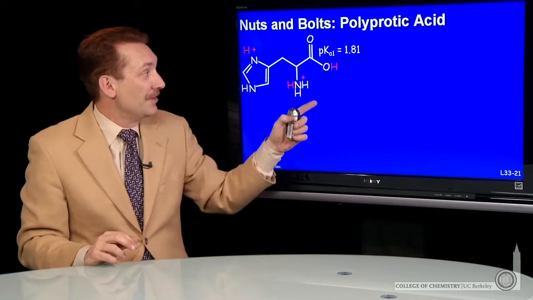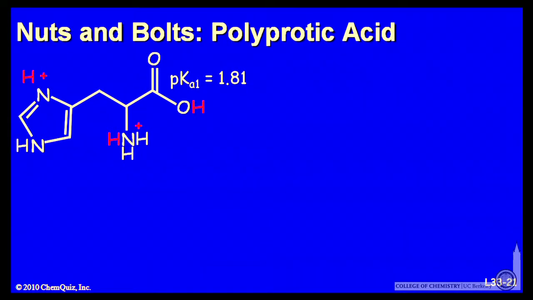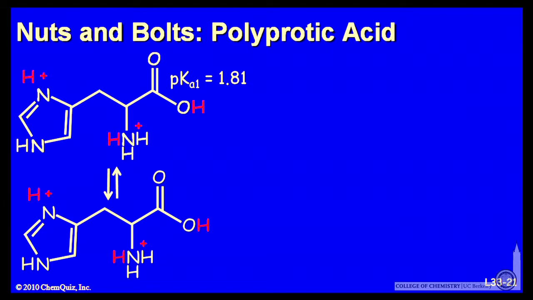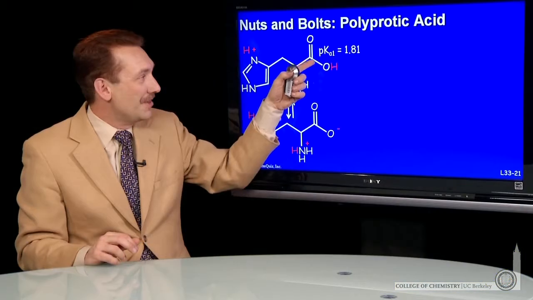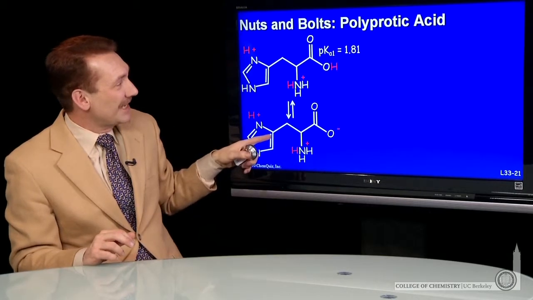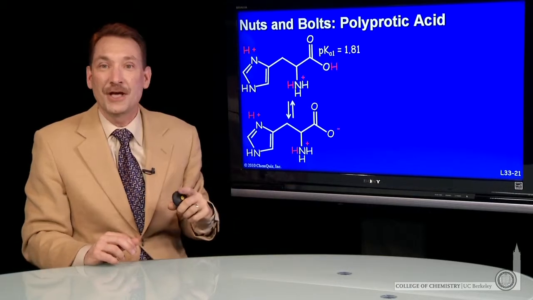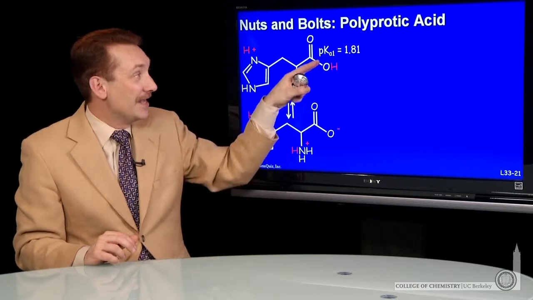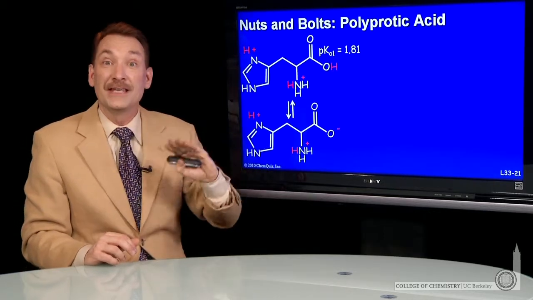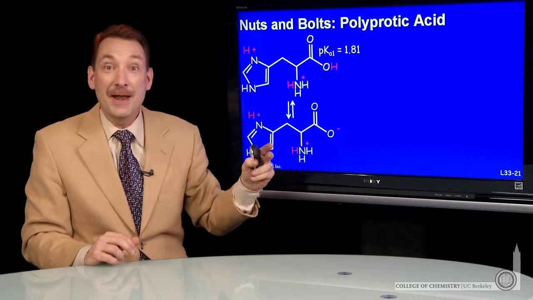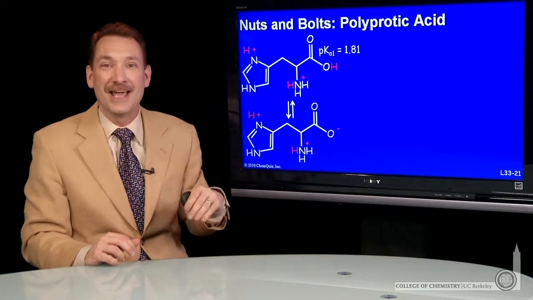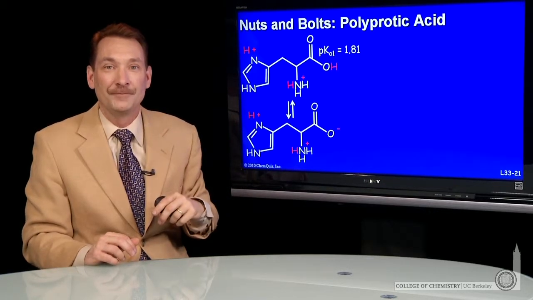So this proton, at pHs around 1.8, is in equilibrium with the molecule here that's been ionized. These 2 molecules, you notice, are identical except for this proton having been removed. And these 2 forms will be equal in concentration at a pH equal to the pKa of 1.81.